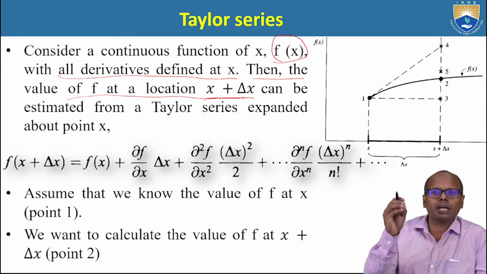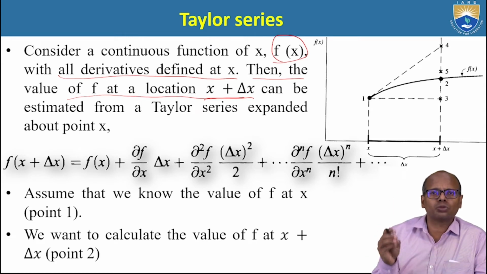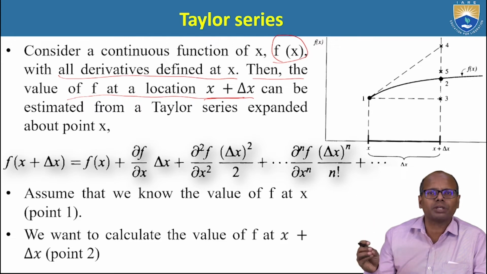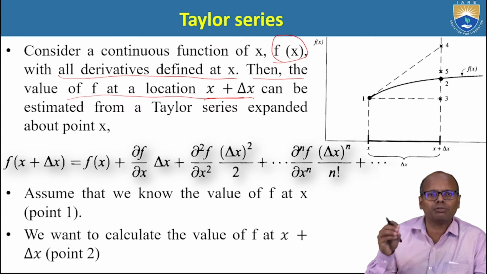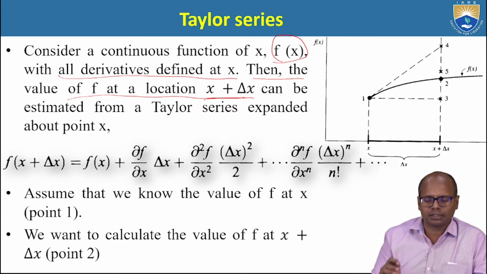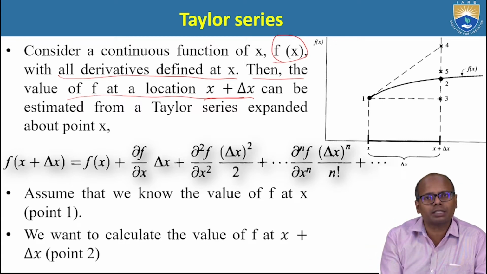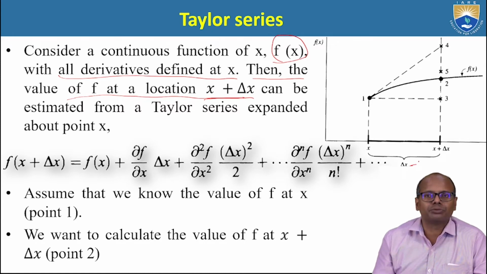So the value of f is known, and all the derivatives of f with respect to x are known at a point 1 or at a point x. Now we are finding the value of f at a location x plus delta x. The distance between the first point and the second point is delta x.